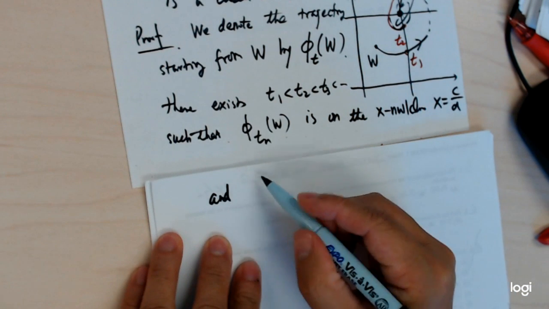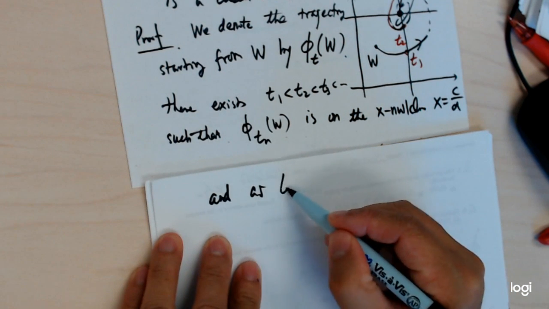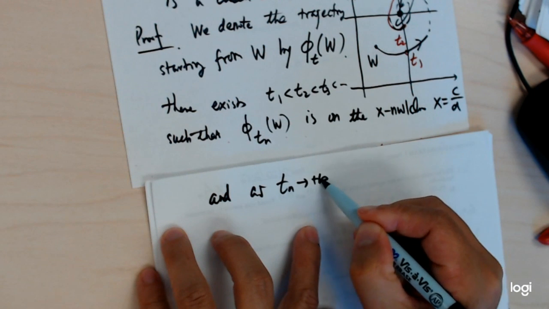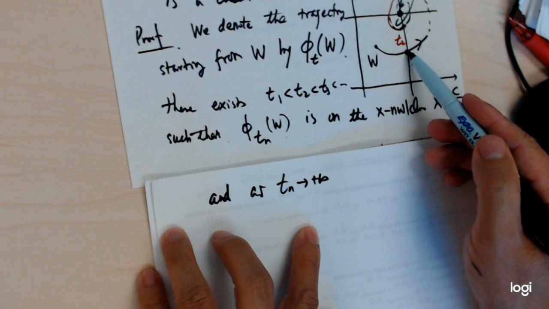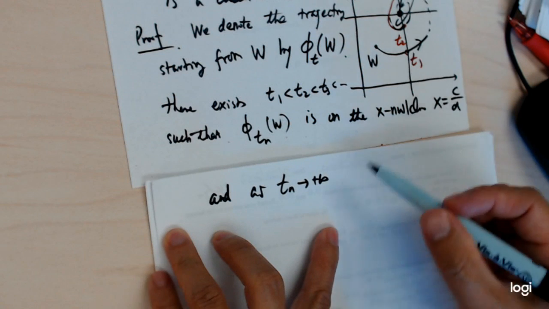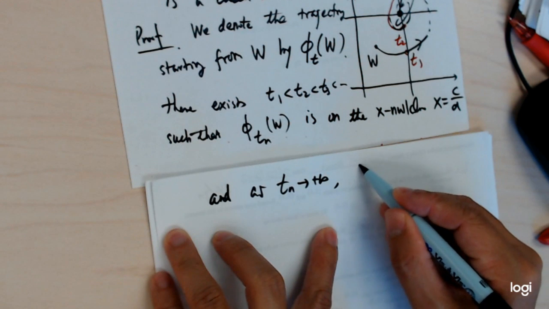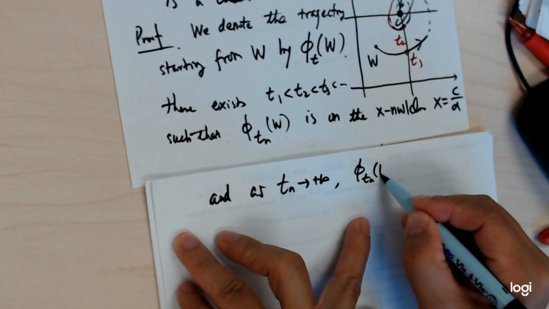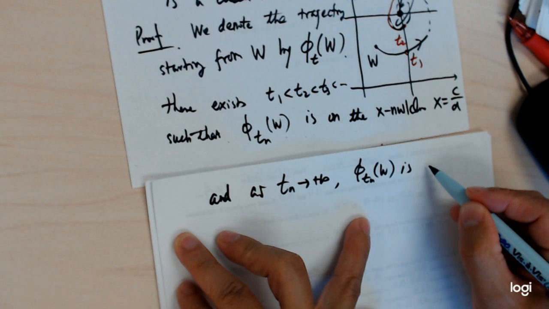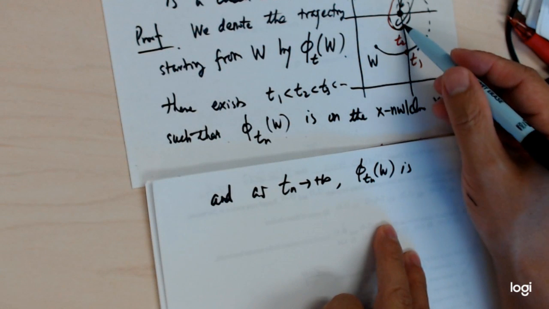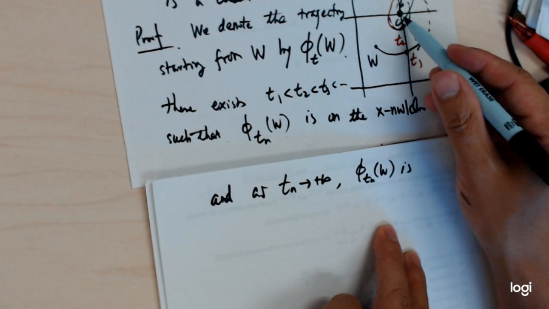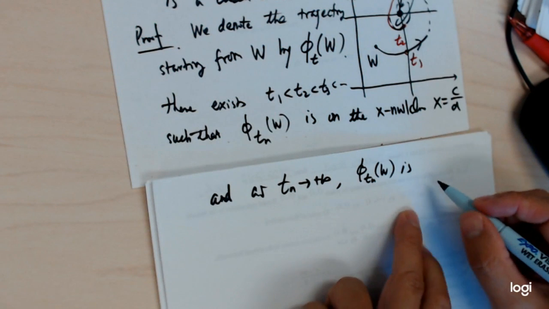And as t_n goes to infinity here, this trajectory is monotonically increasing along this line, because the value is getting bigger and bigger, the y value is getting bigger and bigger.